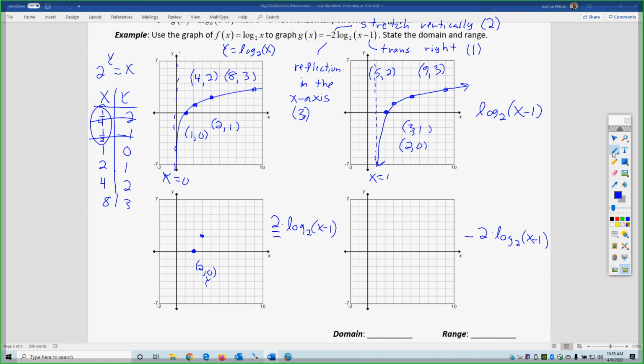The next point is 5, 2, so that becomes 5, 4 as our new coordinate. And lastly, our other coordinate is 9, 3, which becomes 9, 6.